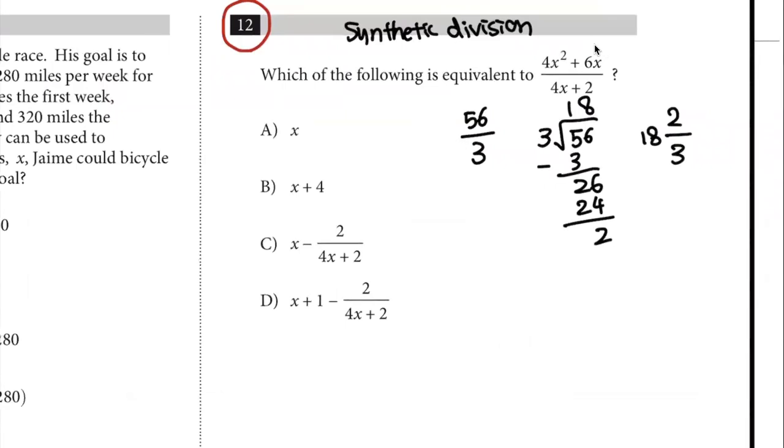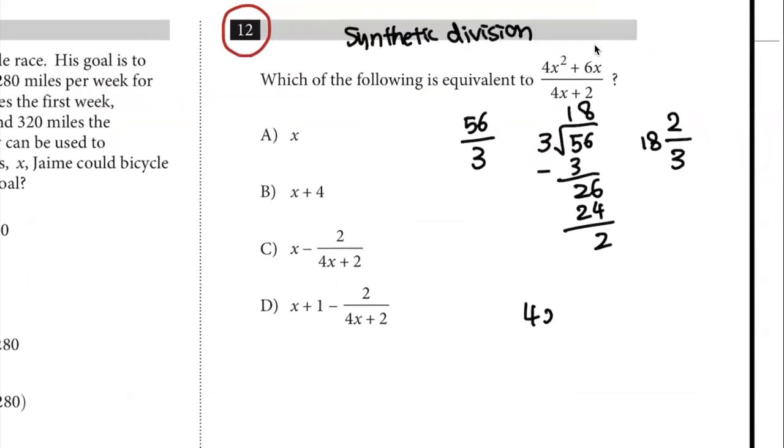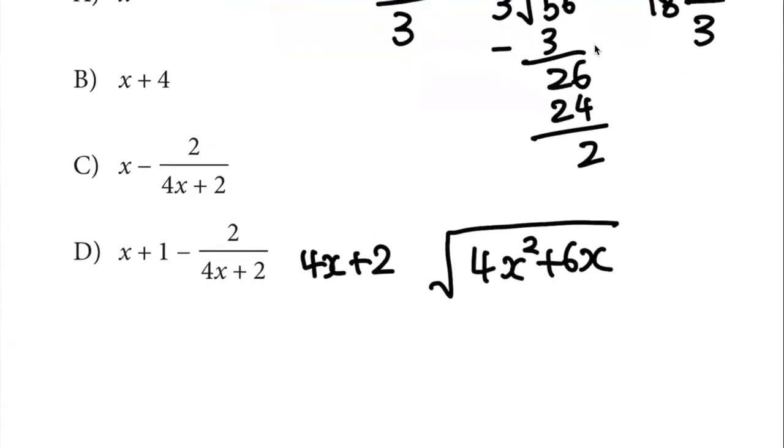So just the same as 56, we'll place the 4x squared plus 6x here, and we will divide that by 4x plus 2. So we want to look from the left side. The x is really important in this division process. So we need to think, what should we multiply 4x by to get 4x squared?